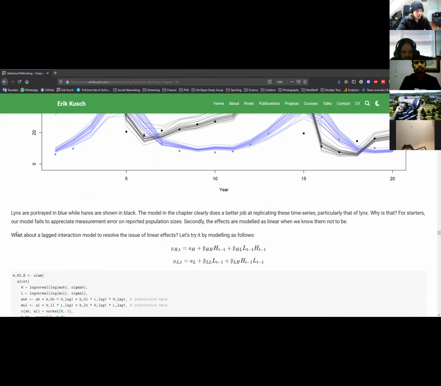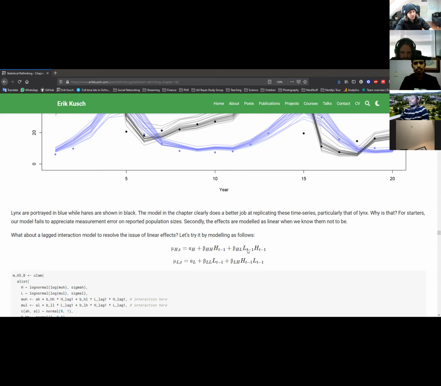So the model, what I thought might help here is now just add interaction effects to this. So, for example, to predict the hare population at the current time step, let's try to understand that both through the lagged effect of hares on hares, but also through the effect of lynx on hares, with the hare population times the lynx population.